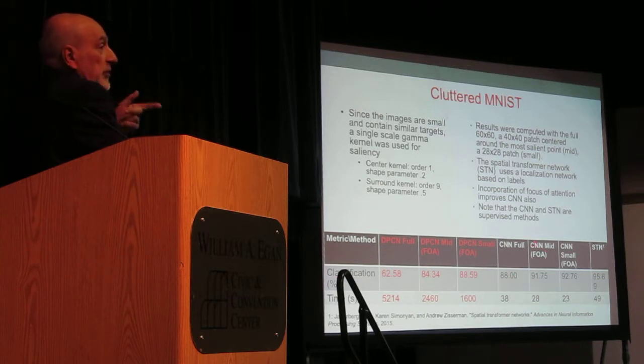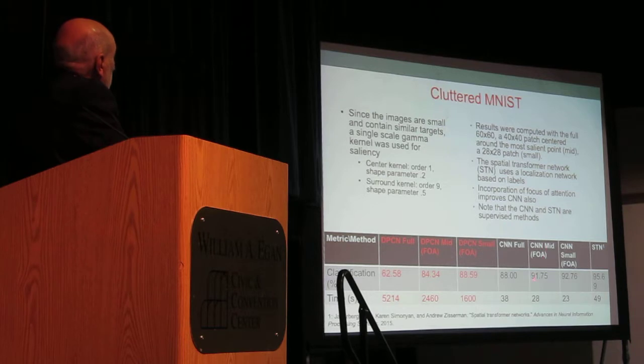But of course, if you put a focus of attention on the CNN, the performance goes much higher. So you see, the idea of using a focus of attention is that it can be implemented in any system, not only in our DPCN. This is the spatial transformer network that is all supervised, and it gets very good results for this. But remember that the numbers you see here are totally unsupervised.